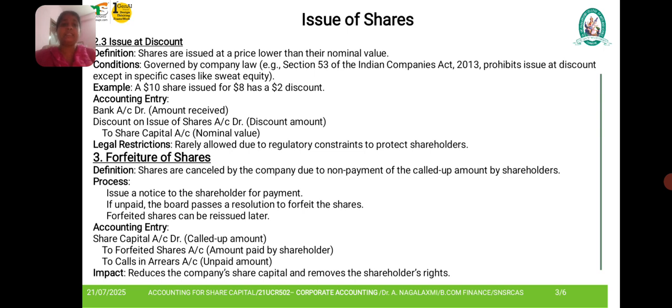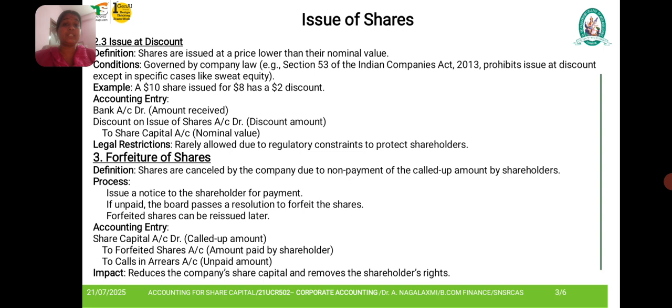For example, if the face value of a share is 10 rupees and it is issued at 8 rupees, it has a discount of 2 rupees. So it is said to be the issue of shares at a discount.